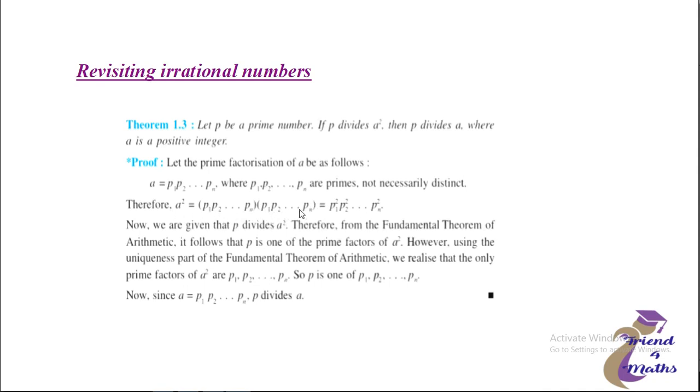From this, a square is equal to this, and then p1, p2, etc. up to pn are the only prime factors of a square.